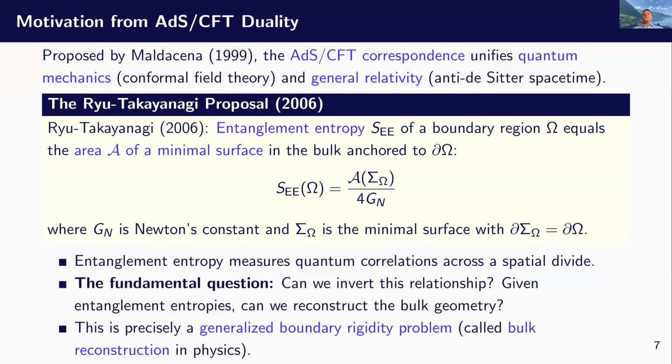Okay. So I mentioned that this generalized boundary rigidity is motivated partly by physics. There was the so-called AdS/CFT correspondence. It was proposed by Juan Maldacena in 1999, and it aims to unify quantum mechanics, which is conformal field theory, or CFT in the name, and general relativity, which is anti-de Sitter spacetime.